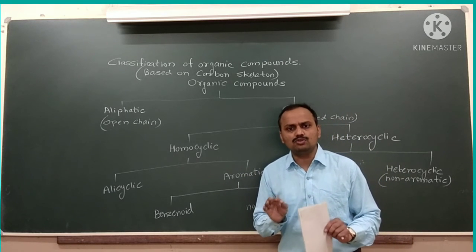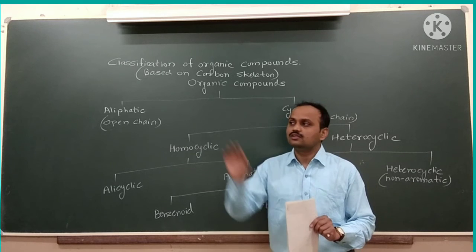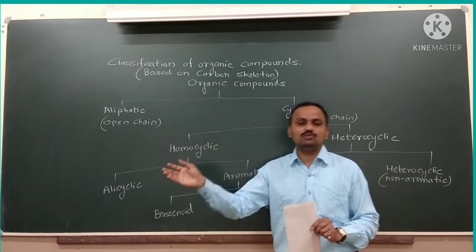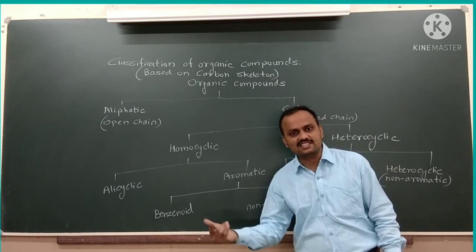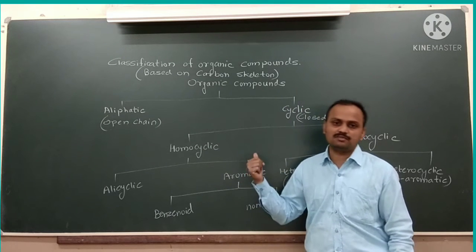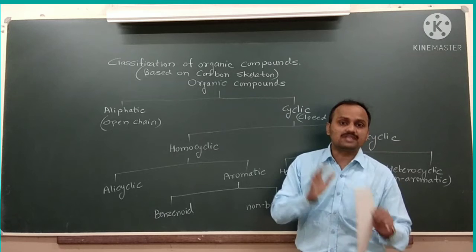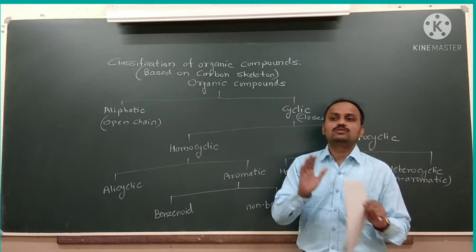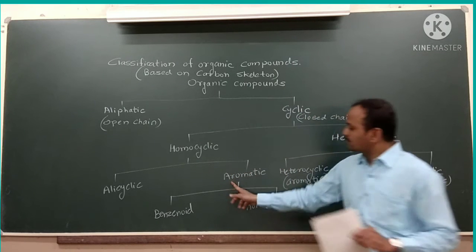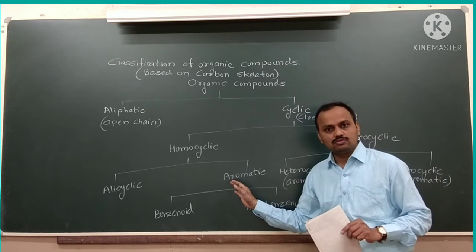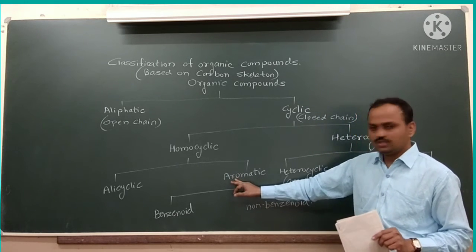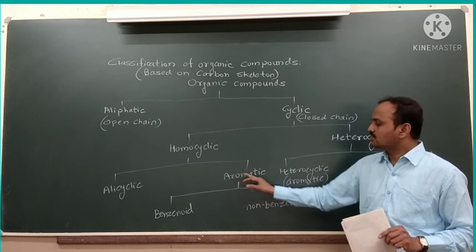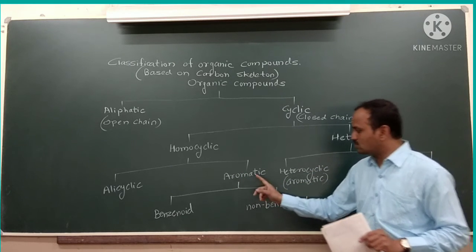Nowadays, aromatic compounds should fulfill some criteria given by Huckel's rule. That is, they should have a conjugated system, a cyclic system, and should possess 4n plus 2 pi electrons. We will see examples of aromatic compounds also.